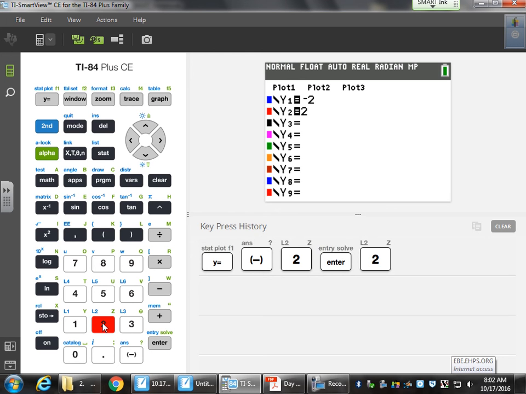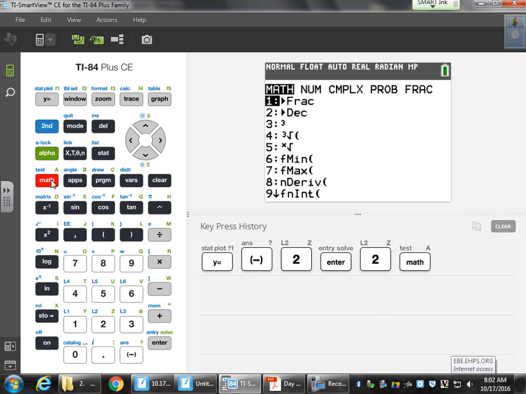What's my second equation going to be? 2. Now, to get the absolute value bars, you need to look for math. It should be somewhere in the middle. If your partner's not finding it, help them find it. So math, and then use your right arrow to get to NUM, and you'll see absolute value right here, and then you hit enter.